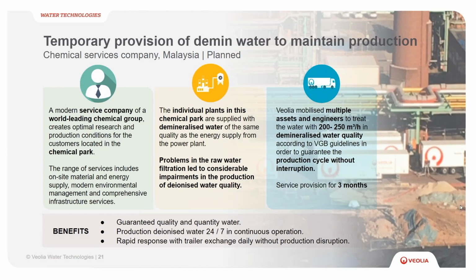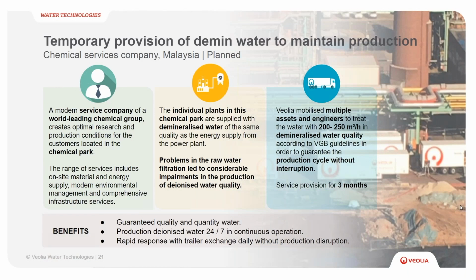Actually, I was in Singapore the other day, and they have a different kind of water called NEWater. The water coming to their plant had a little higher conductivity than usual, and this lasted for a couple of months. So the customer asked us for support because they could not have an additional fixed plant on the site. So if your incoming water changes, you might need a temporary water treatment plant.